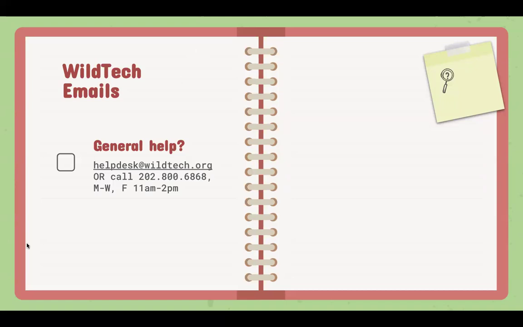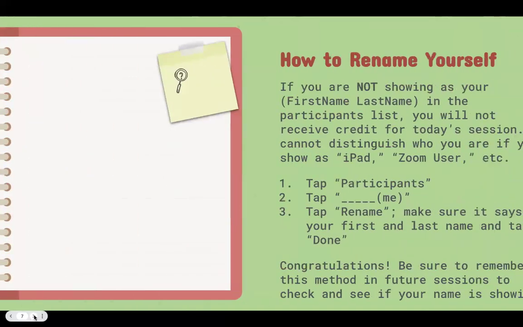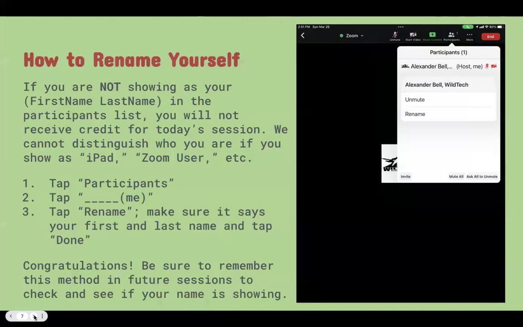So how to rename yourself, which is huge right now, given that every time everyone logs back in after the Zoom update, you're coming up as iPad. If you're not showing your name as your first and last name, go ahead and tap on the screen and tap on participants.